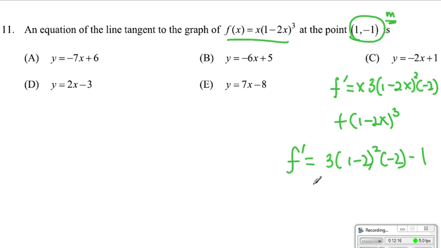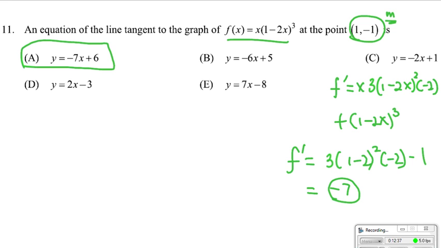Then if I simplify this further, this becomes 1. So we have negative 6 minus 1, which becomes negative 7. That's the slope. The only choice that has negative 7 would have been this one, and once you plug in 1 comma negative 1, it would also make sense.